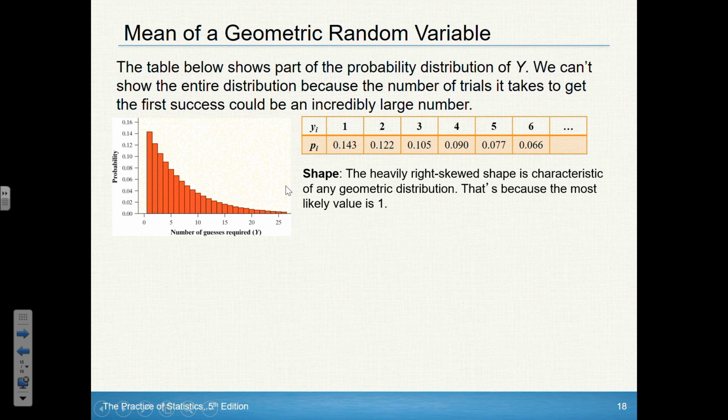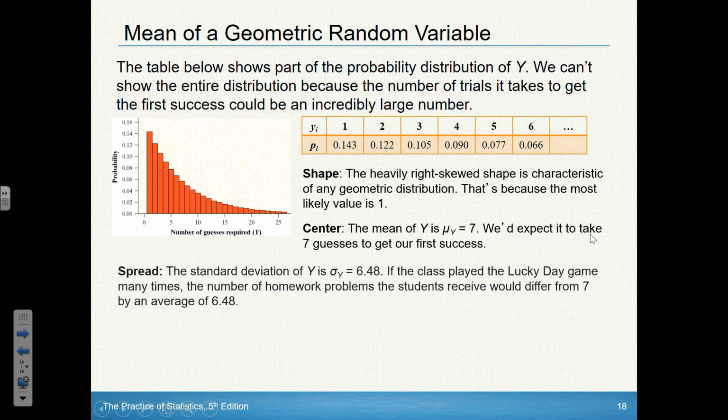We noted that when we had the binomial distribution, we could change or alter that shape based on what the p value was and also how large the sample size was as well. As far as the center, well, we could find the mean of this distribution as 7. And the reason that we get that is because the probability of success is going to be 1 out of 7.